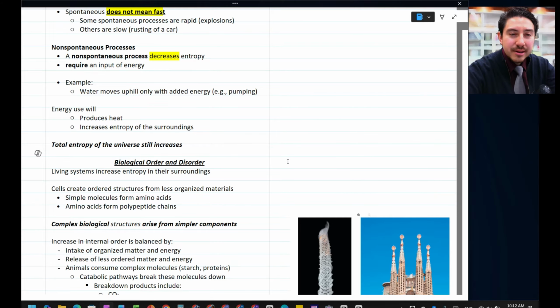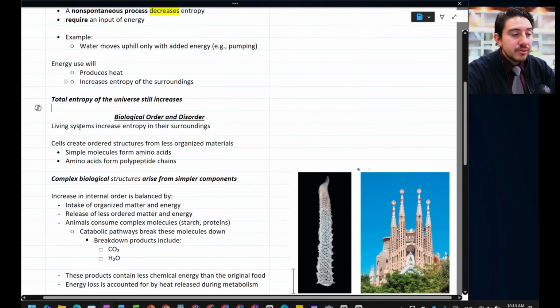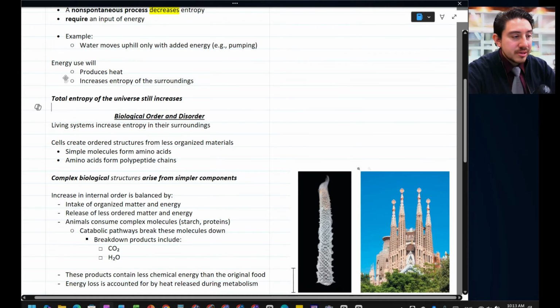If you're pumping water up a hill to supply a neighborhood in a valley or whatnot, you need energy to pump water upwards. This is a non-spontaneous process. In doing so, you will produce heat. So non-spontaneous processes will produce heat, and it'll increase entropy in the surroundings as a consequence.